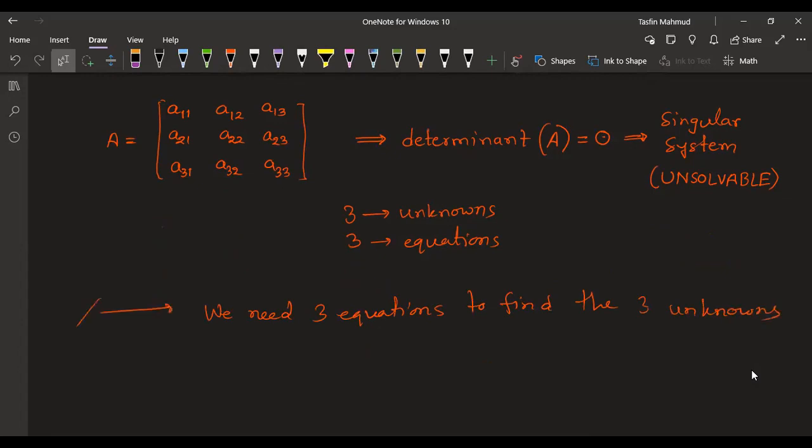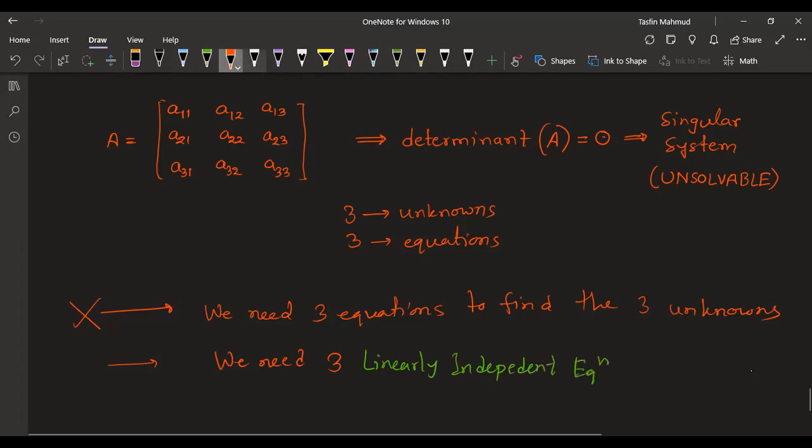We actually need 3 linearly independent equations to find 3 unknowns. If I just give you 3 unknowns and 3 random equations, there is a possibility that you may not be able to find the solution. In those cases, we call the systems inconsistent, as one of you mentioned.